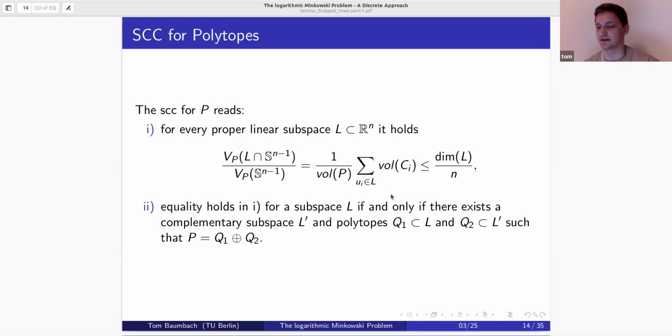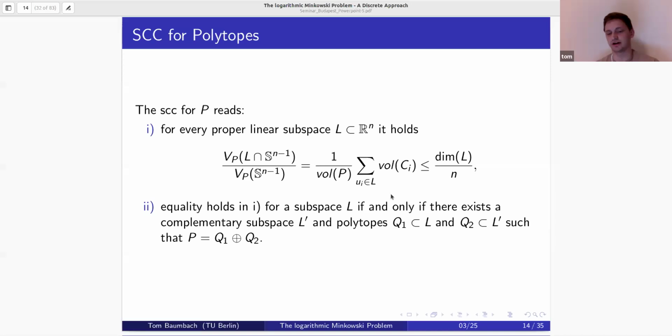For every proper linear subspace L, it holds that the cone volume measure of L intersected with the unit sphere S^(n-1) over the measure on the whole unit sphere equals 1 over the volume of P. That's why you always consider in general only polytopes with volume equal to 1, so we get rid of that. And then we sum up over all cone volumes where the outer unit normal vector u_i is contained in this proper subspace L, and that should be less or equal than the dimension of L over n.